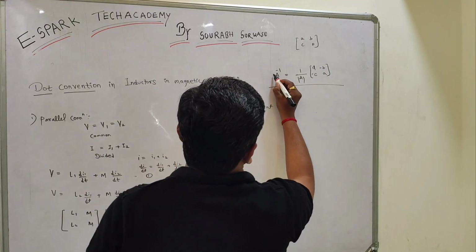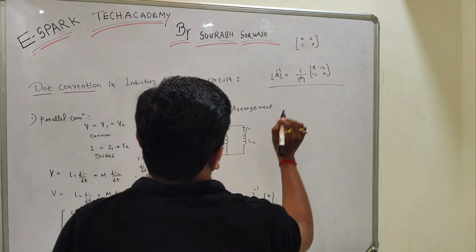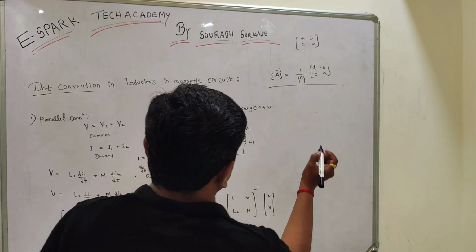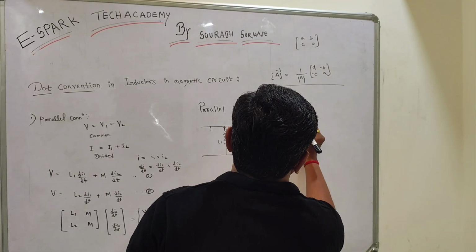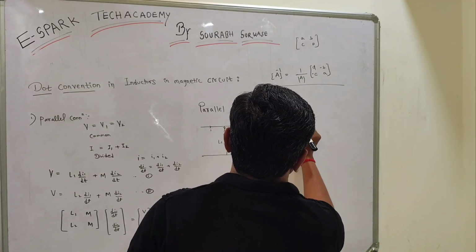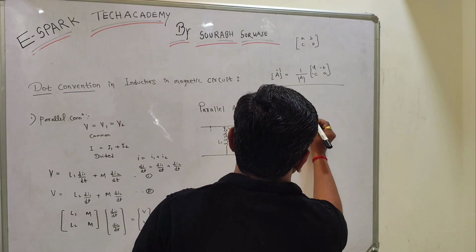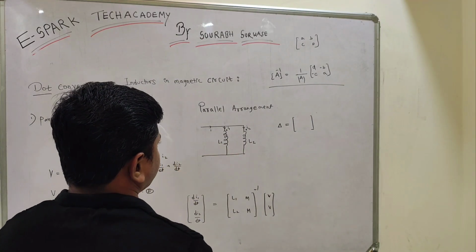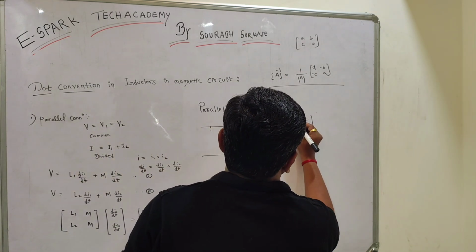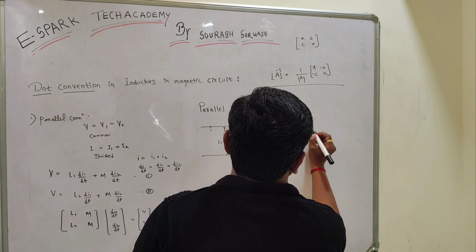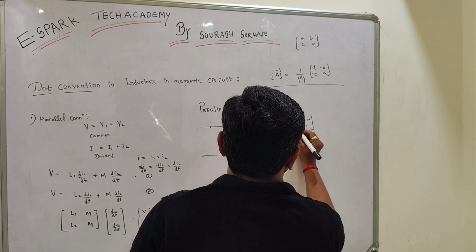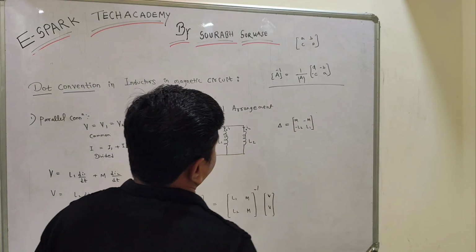Now the first step is to take the determinant. The inverse matrix is nothing but M, L1, minus M, minus L2.